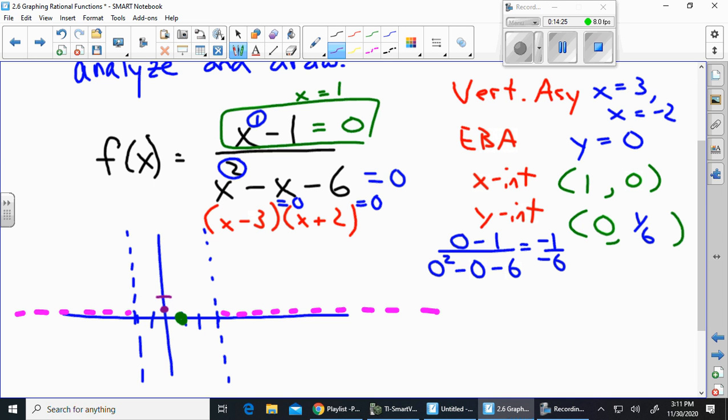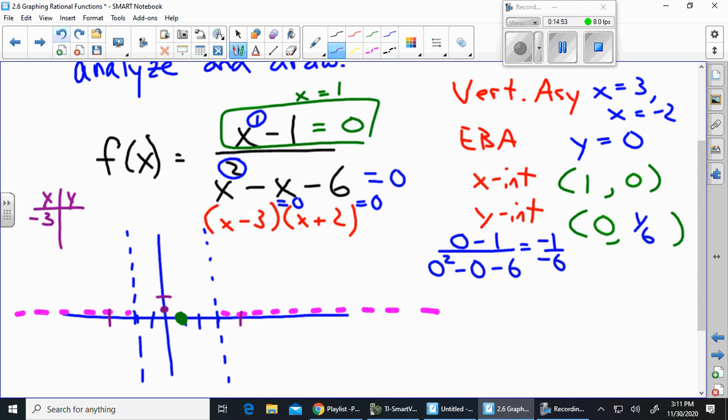Now, where's the graph going? This is where you would have to make a table because there's 2 things that can happen over here, and I'm going to get rid of them after I draw them. You either got something here or here, but you don't know which one. So in order to find which one, you're going to have to put in negative 3.